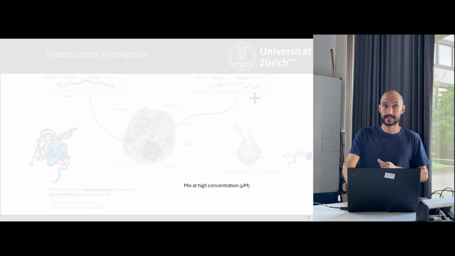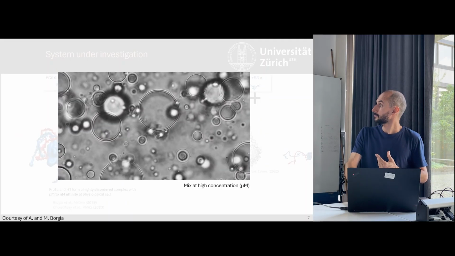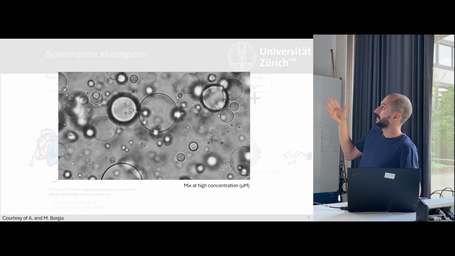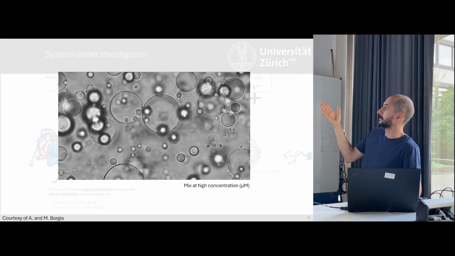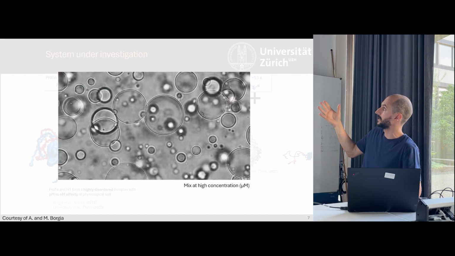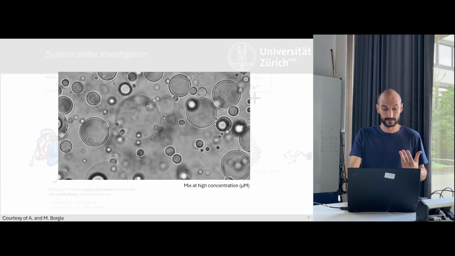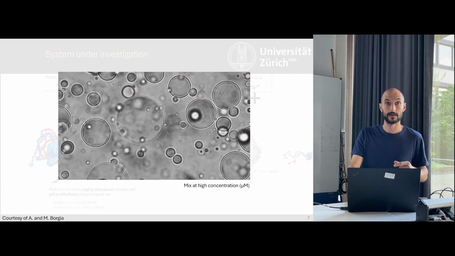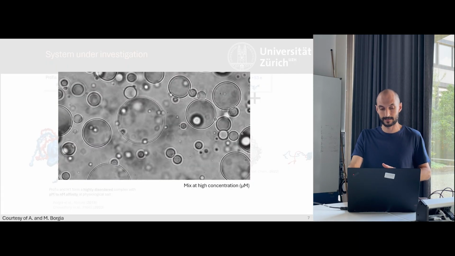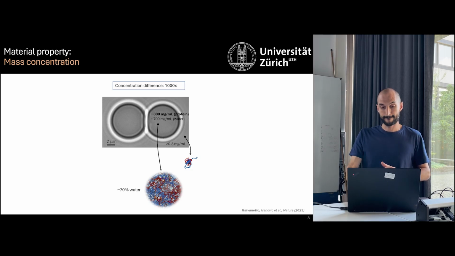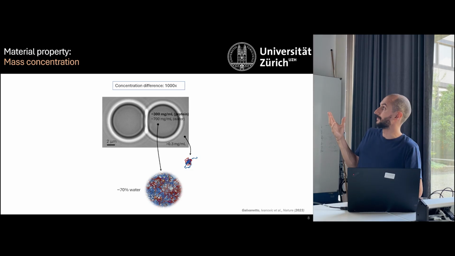However, if you mix them at high concentration, what you observe is biomolecular condensates, this phase separation into two phases and the formation of this nice droplet. So this has been the starting point of my studies here. So first of all, we want to quantify some material properties like mass concentration.